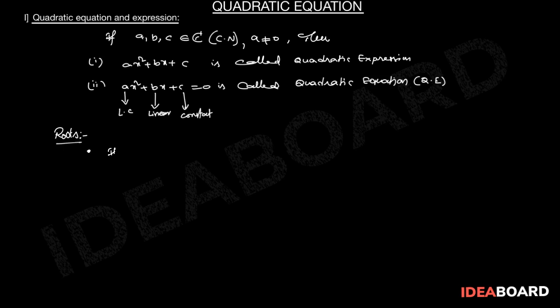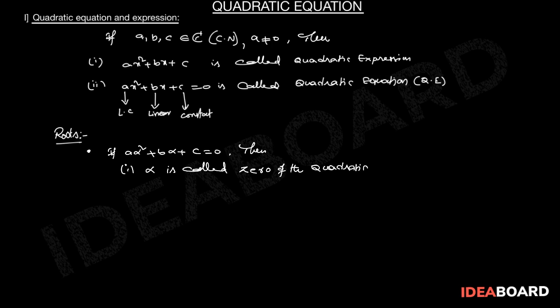If a alpha square plus b alpha plus c equal to 0, then alpha is called a zero of the quadratic expression ax square plus bx plus c.